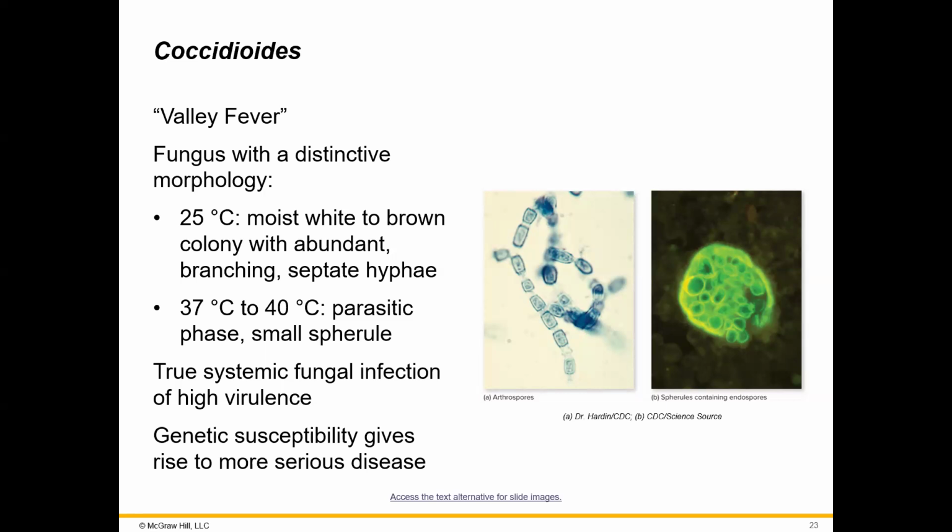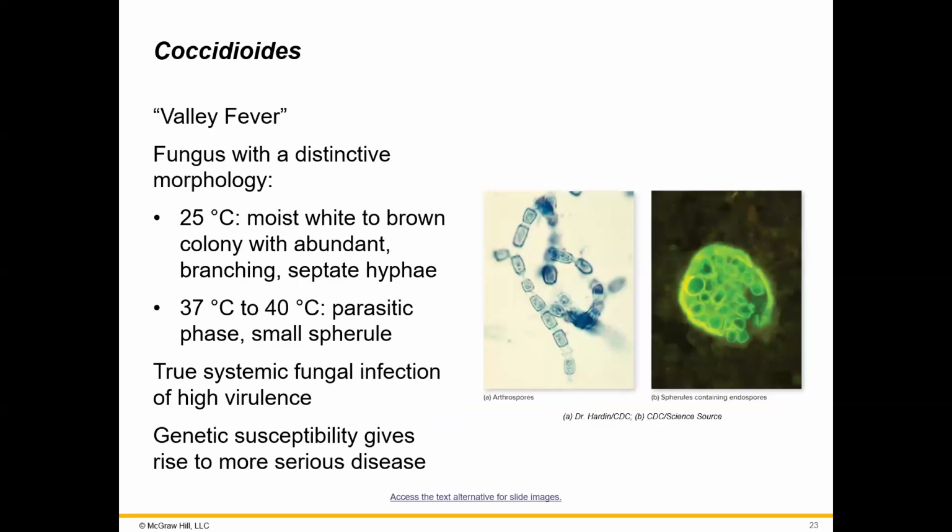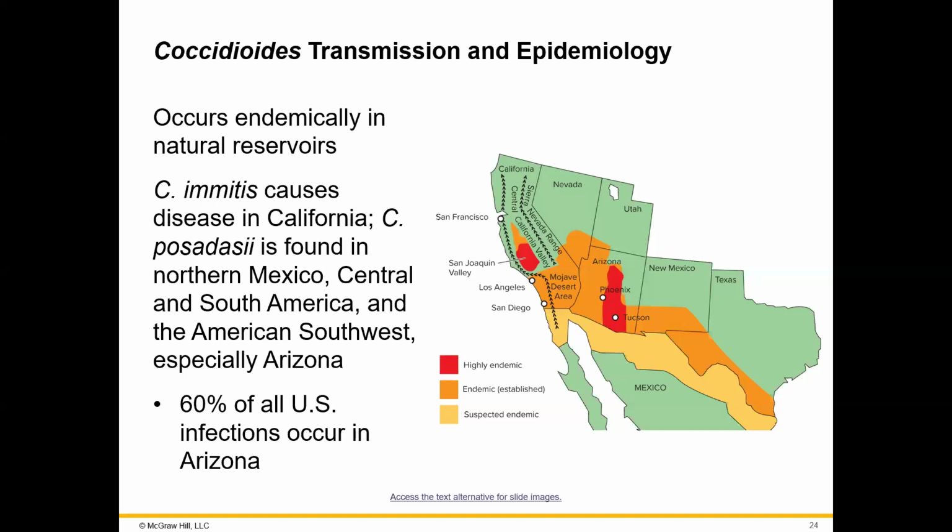It doesn't always present with meningitis, but it is a possibility, though it usually has other features involved. This is not super common. It's usually found in Arizona, in the deep Southwest, in drier climates. 60% of cases will occur in Arizona. It's not a very common one, but it is one possible cause of fungal meningitis.